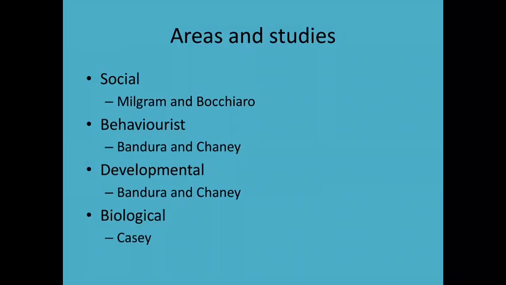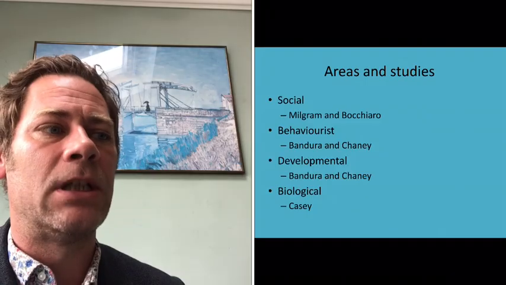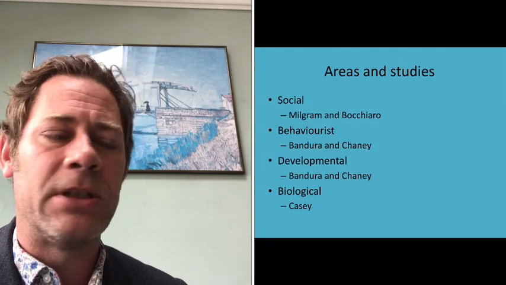Okie dokie then, going from the most to some less obvious possibilities. I thought obviously the social area might be appropriate because you've got Milgram about obedience and Bocchiaro about obedience, and it's about the influence of other people on behaviours. Similarly, we've got the behaviourist perspective.